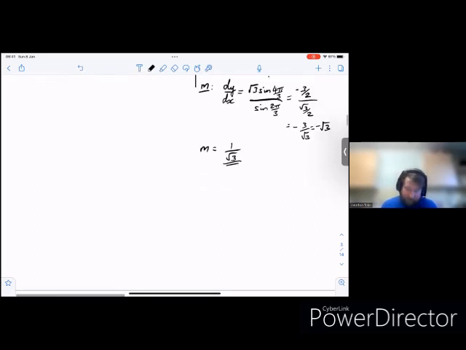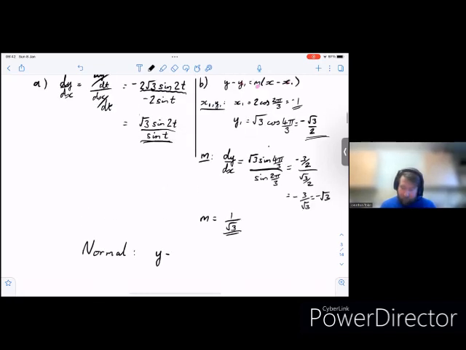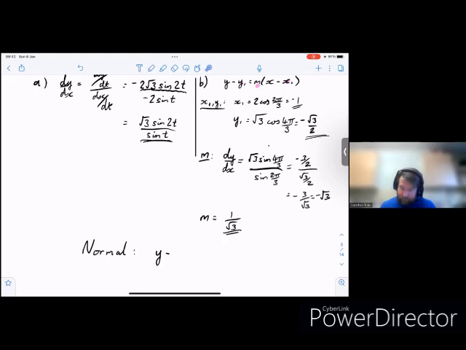So now to find the equation of the normal, it's going to be y minus y1, which is up here, minus √3/2, equals m, which is 1/√3, times x minus x1, and x1 is -1, so it'll be x plus 1.